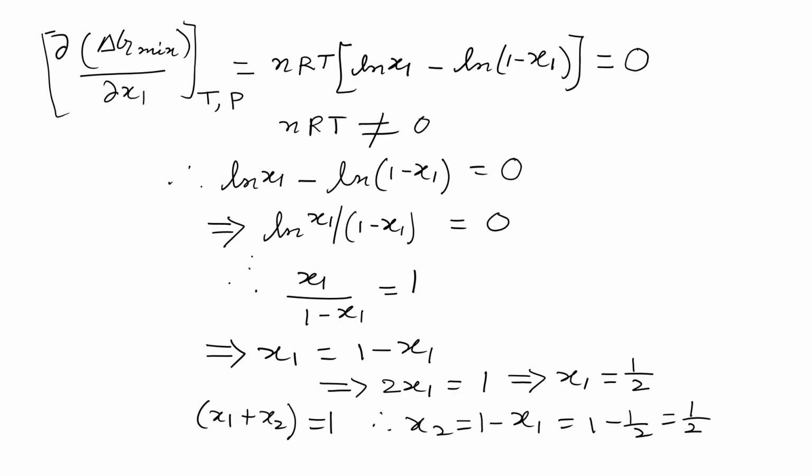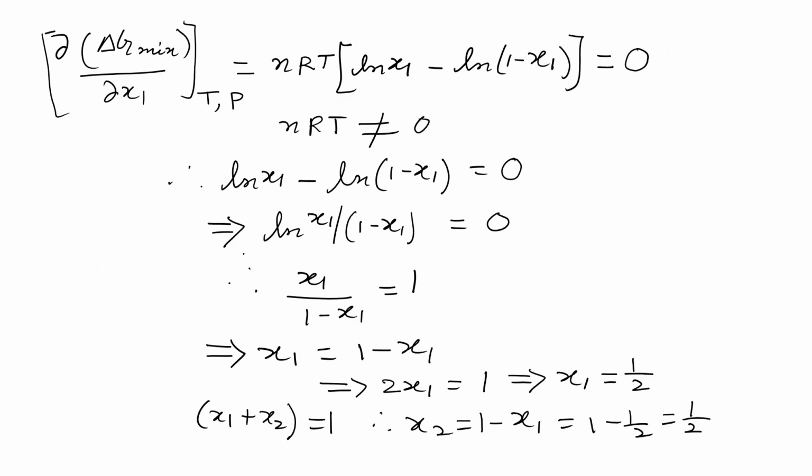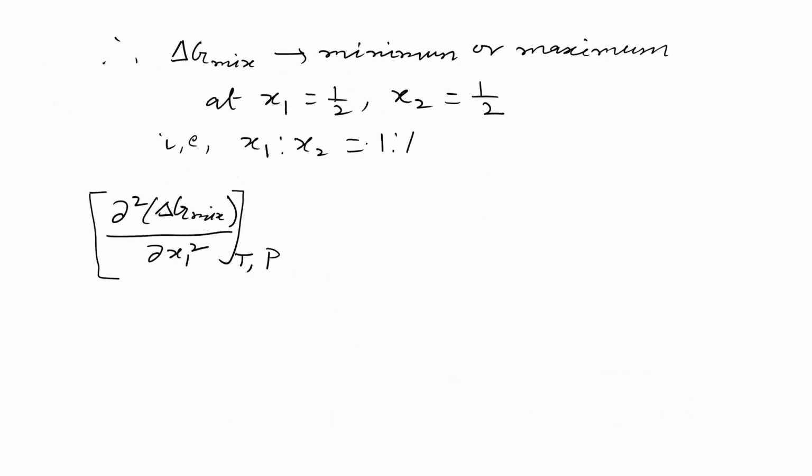So what was the first derivative? After differentiating, what we got was nRT (ln x1 − ln(1 − x1)).